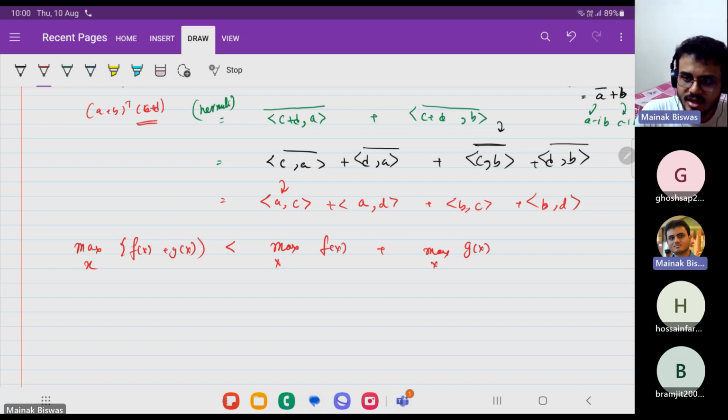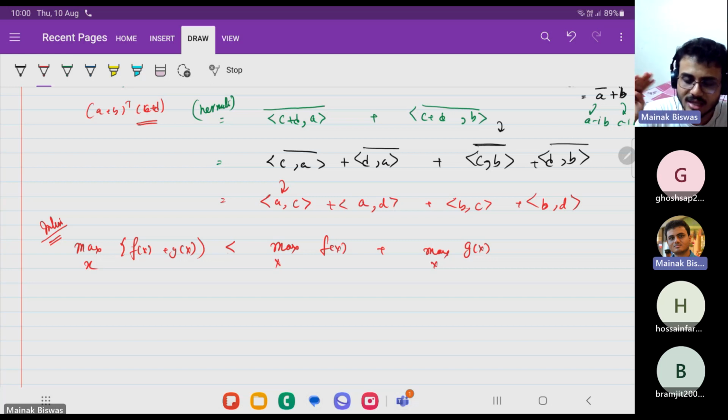I think this is intuitively clear. For a particular x, you can make the sum of two functions reach some optimal value. But if you maximize both of them separately and then take the sum, of course, it will be a superset, right? Is the intuition clear?